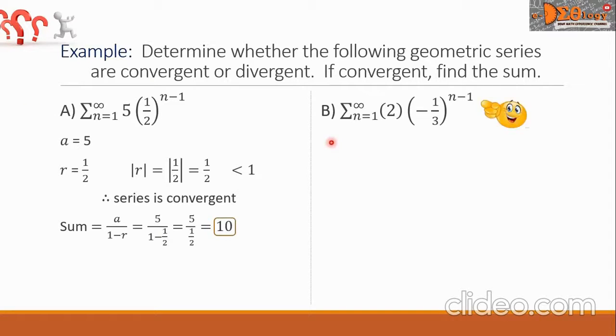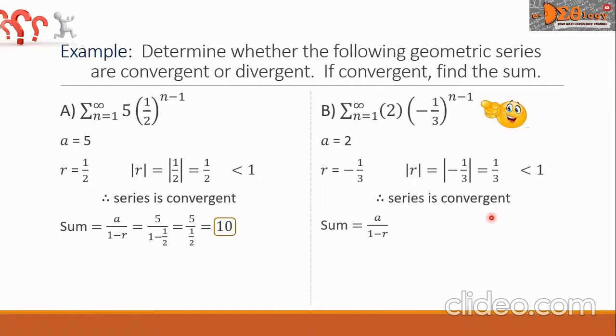Now, problem B. Collecting the values, a equals 2 and r equals negative 1/3. The absolute value of r is equal to the absolute value of negative 1/3. And this is equal to positive 1/3. And 1/3 is less than 1. So we say that the series is convergent. We can use the formula for the sum.